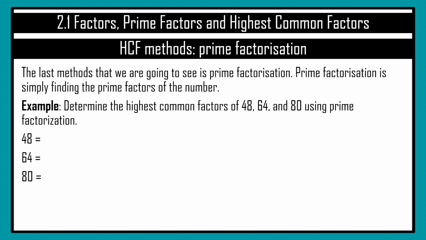Okay, the next example will be how to use prime factorization. Now remember, prime factorization means we are going to involve prime numbers. Okay, you can use the factor tree, or you can use the repeated division again. Alright, so I'm going to list them out. Okay, you can use 48.